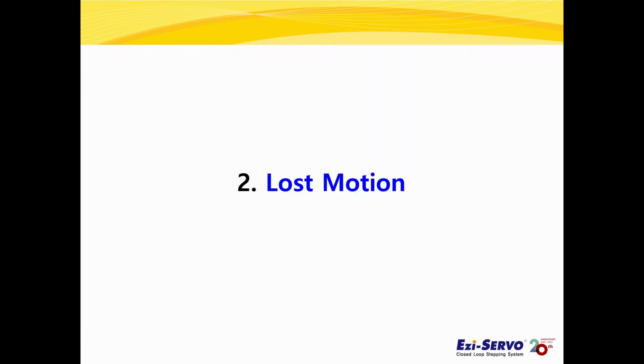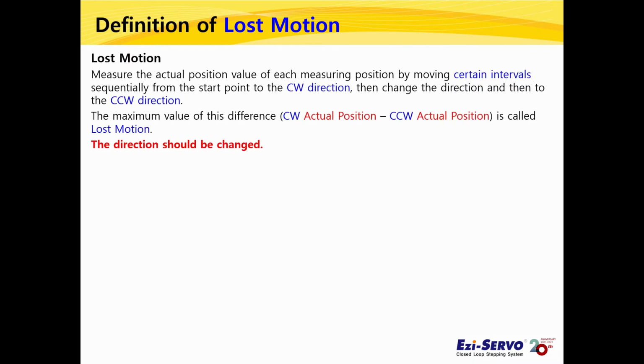The following is an explanation of lost motion. Lost motion is measured as follows. First, move the motor sequentially, at a certain interval, in clockwise direction from the reference point. After that, measure the actual position value at each measuring point.